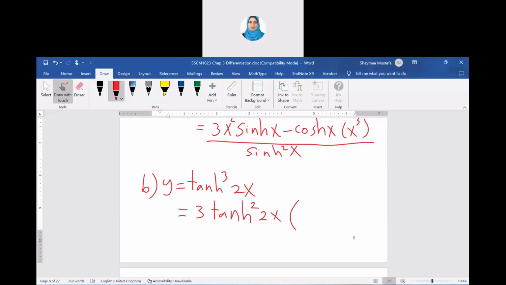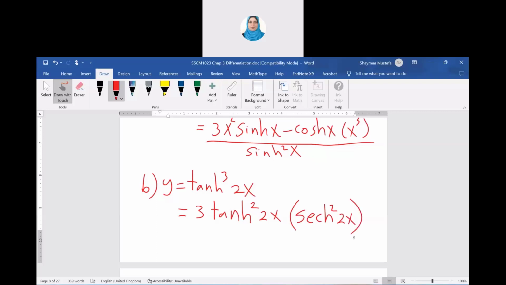Then this one will be multiplied by the derivative for tan. After I found the derivative for the power, I will find the derivative for tan. The derivative for tan is sec square, so you have sec square 2x.